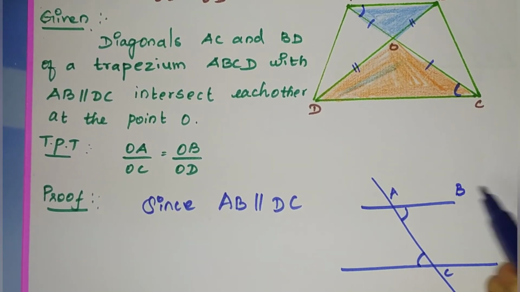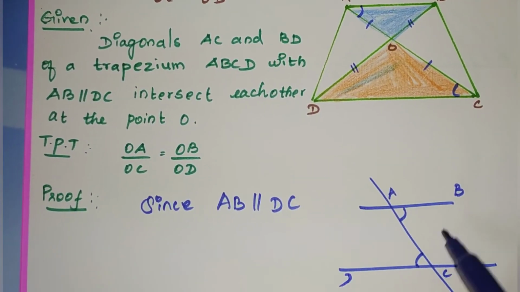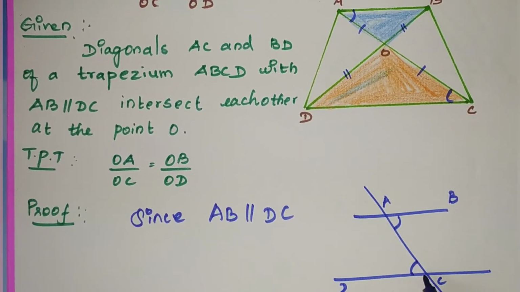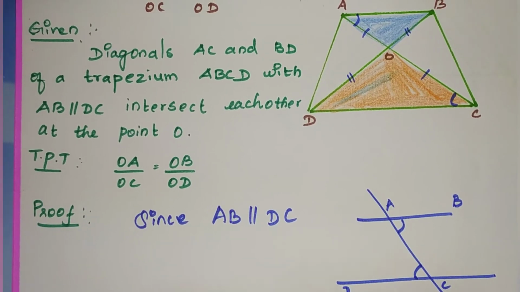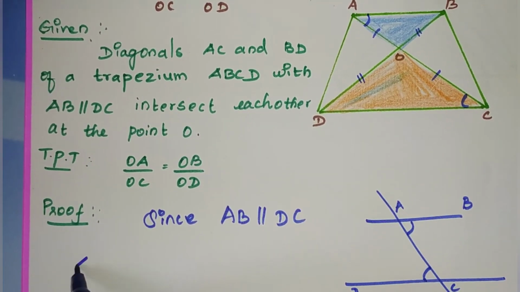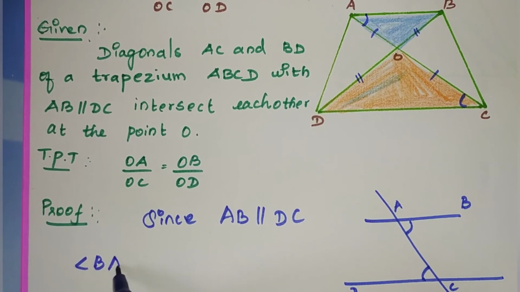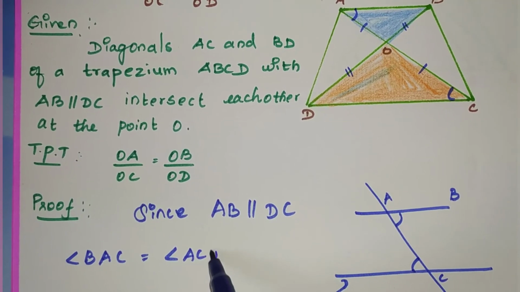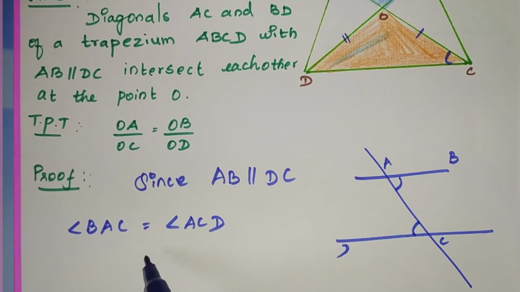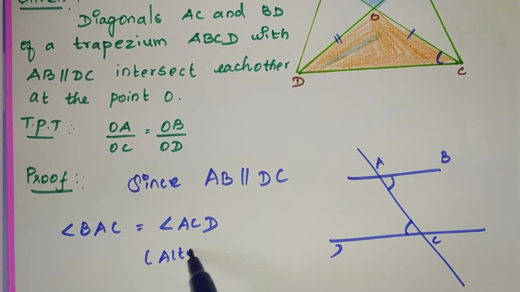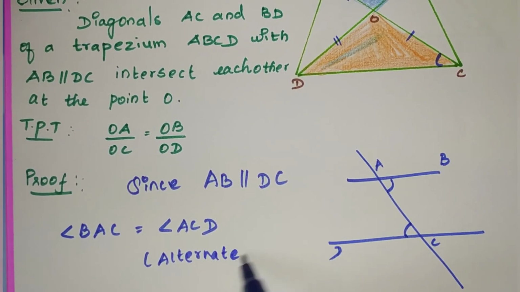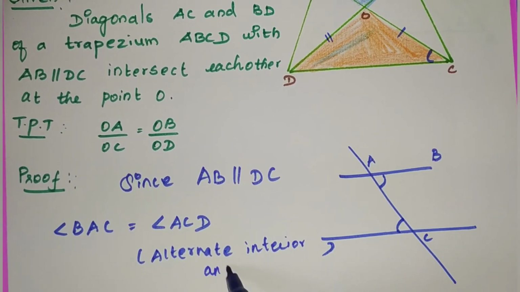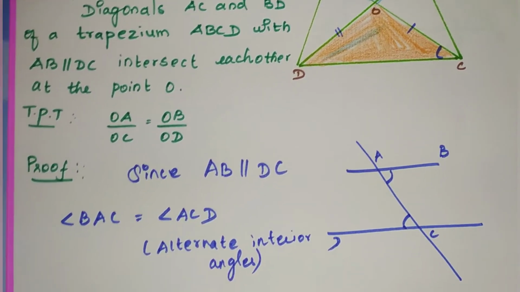A, B, C, D. This is a transversal, and we can tell that alternate interior angles are equal. Clear? Angle BAC is equal to angle ACD, alternate interior angles.